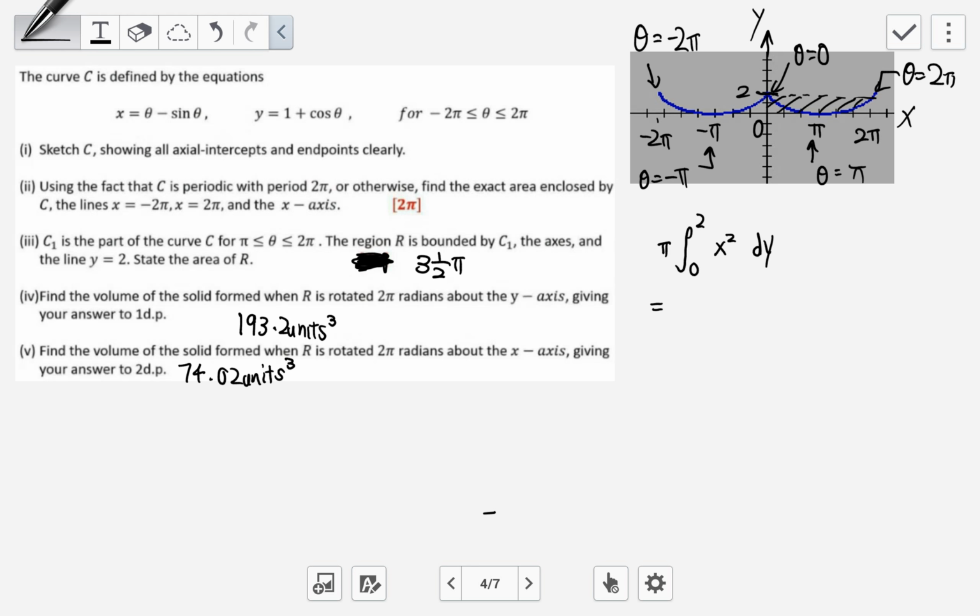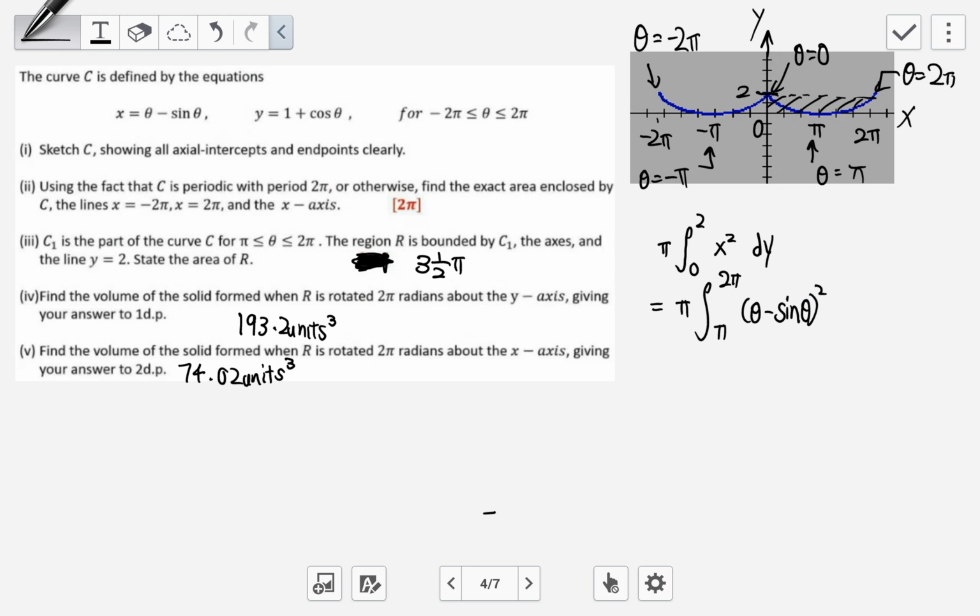It will be similar to just now, but let's pause to see if there's anything that I can do to simplify this. So I'll change it. 0 of the y is like pi of the theta, and 2 of the y is like 2 pi of the theta. Then the x squared is just theta minus sine theta, squared.